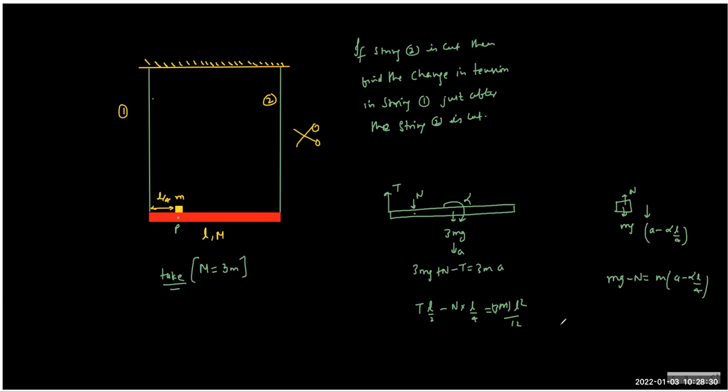That is only possible when the things are in equilibrium. This is not a case of equilibrium. Therefore, N will not be equal to mg. Of course, if I make A equals to 0 and alpha equals to 0, then N and mg will be the same, but not always. So this is the takeaway from this question.